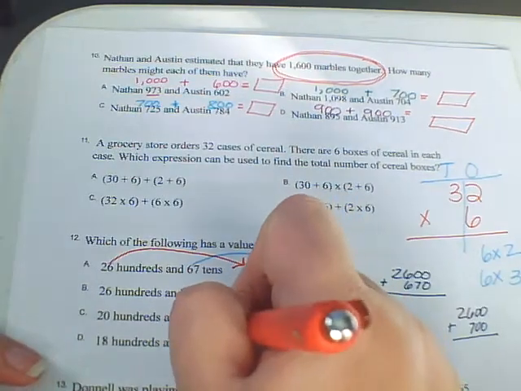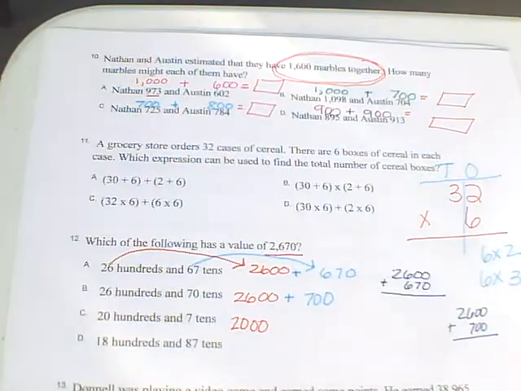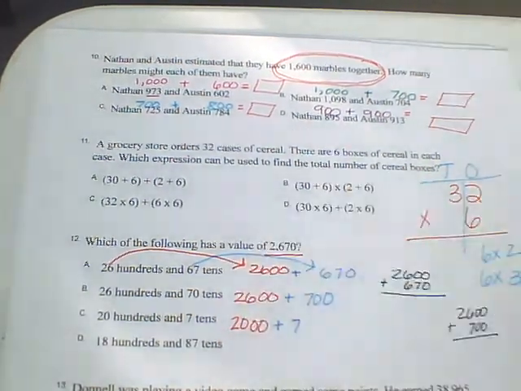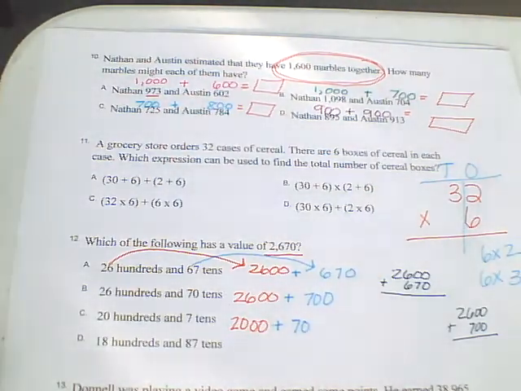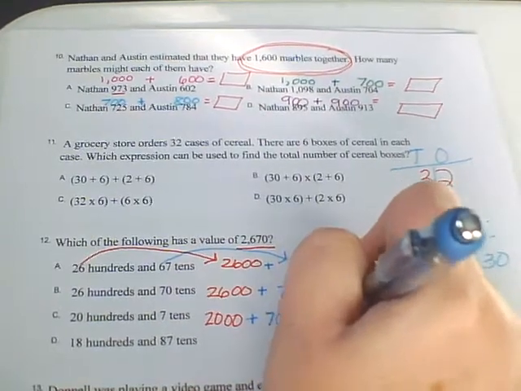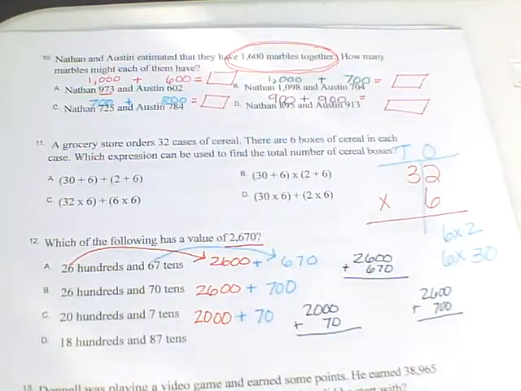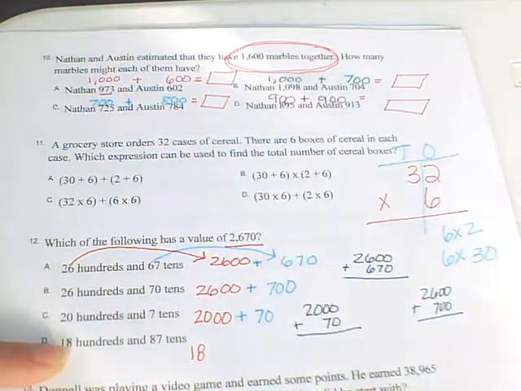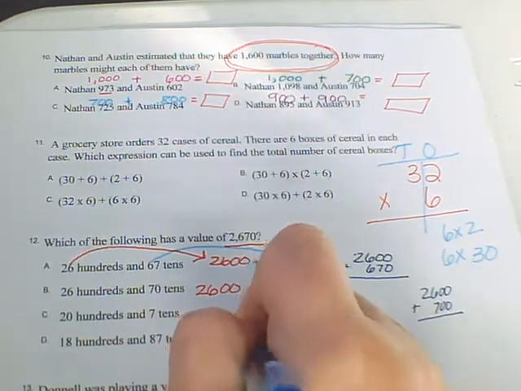20 hundreds, here's my 20. Now I'm going to add my 2 zeros for my hundreds, plus 7 tens. I'm going to add my 7, and then I'm going to add my 0 for my tens. I'm going to add them up, 2,000 plus 70. And then I'm going to go down here and do the same thing, 1800s. Here's my 18. I'm going to put my 2 zeros on it to equal 1800s, plus 87.